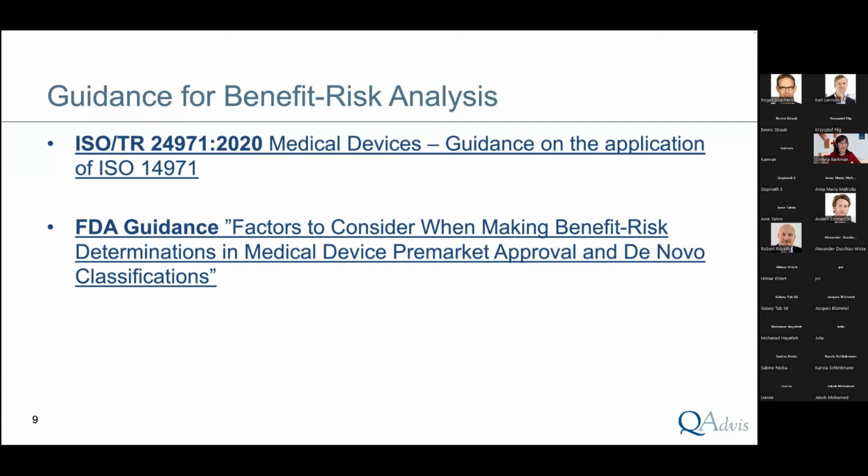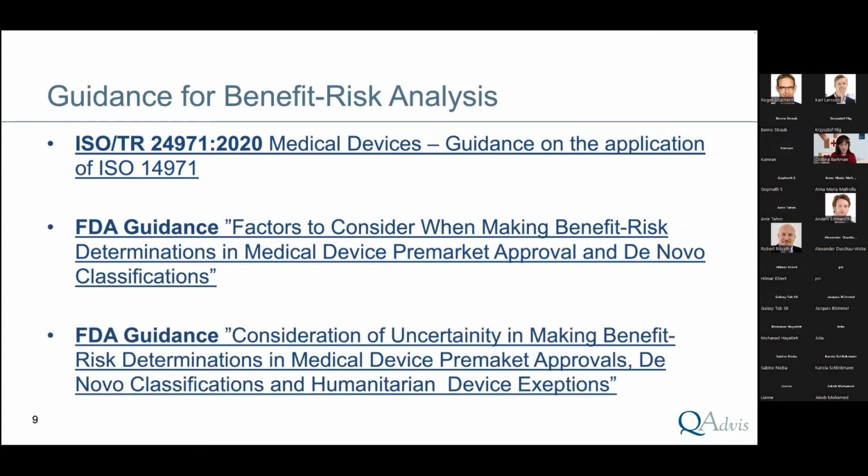More guidance is provided by the FDA. There are 2 guidances which can be used. One is called Factors to Consider when Making Benefit-Risk Determinations in Medical Device Pre-Market Approval and De Novo Classifications. This is really good.